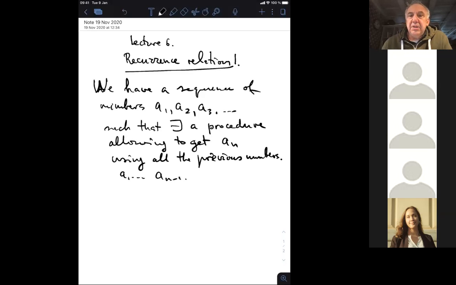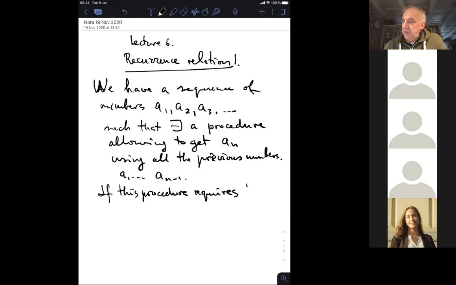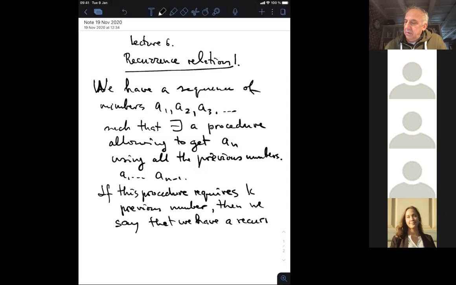If we in fact need just a fixed number of previous numbers, so if this procedure requires k previous numbers, then we say that we have a recurrence of order k plus 1.